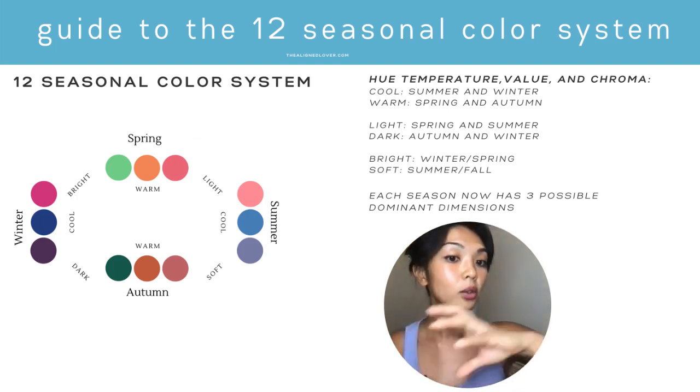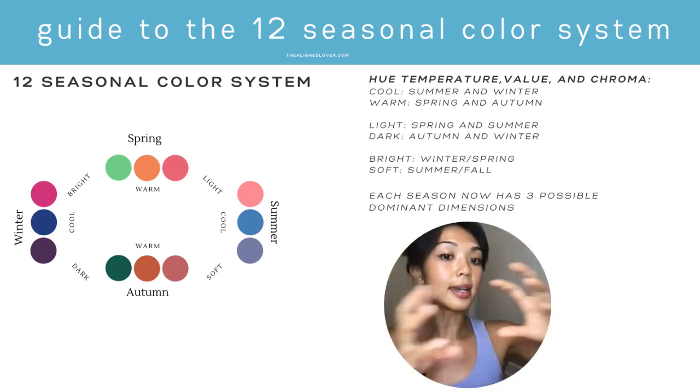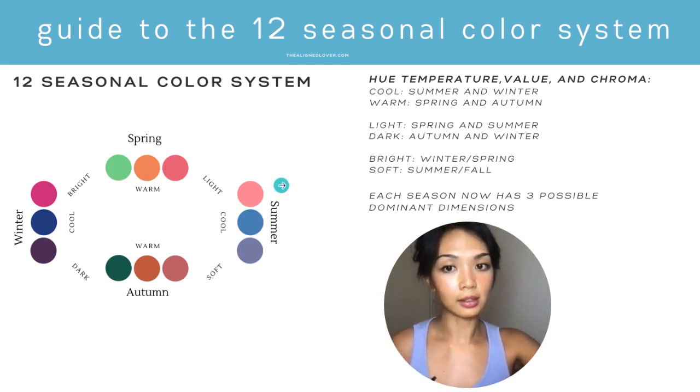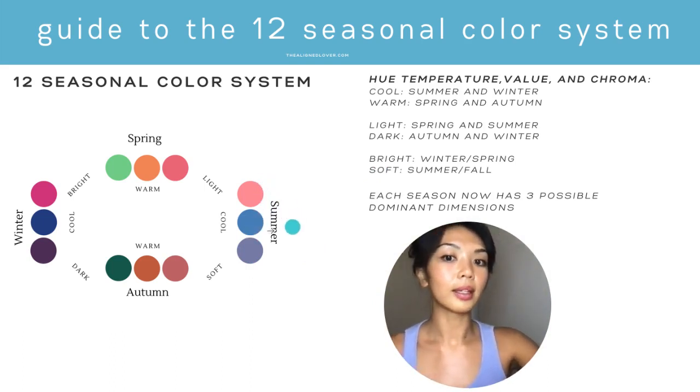So there's always going to be a connecting dimension as you transition through all 12 seasons. So another example is cool summer, which is cool and soft. And then the next one is soft summer, which is soft and then cool.